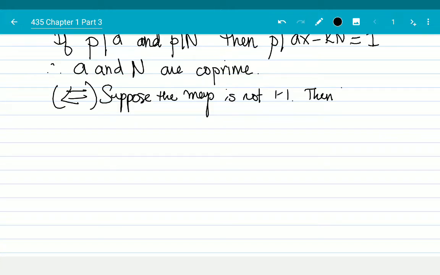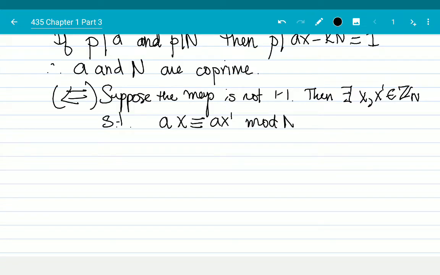Then there exist x, x prime in Zn such that ax is congruent to ax prime mod n, right?